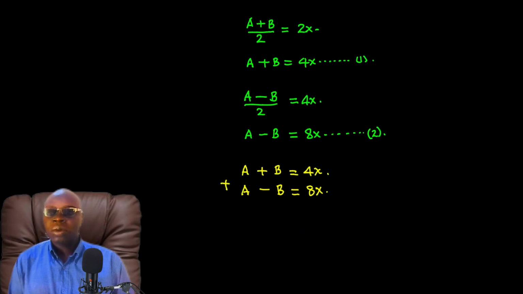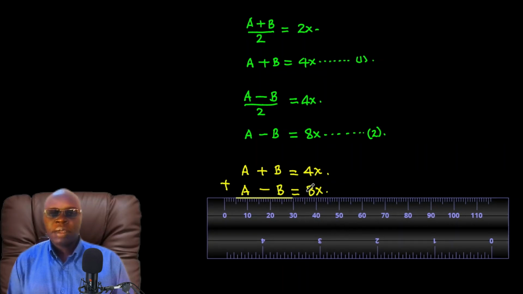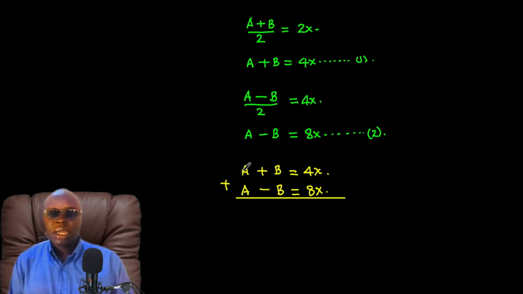Let's make it organized with a line here. We add A plus A, and we have 2A. Then B plus negative B goes to 0, so we just leave it.